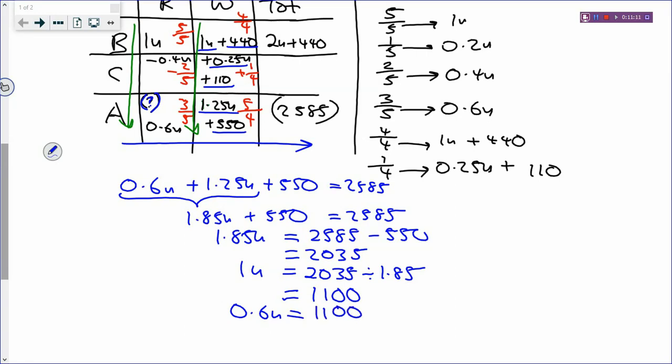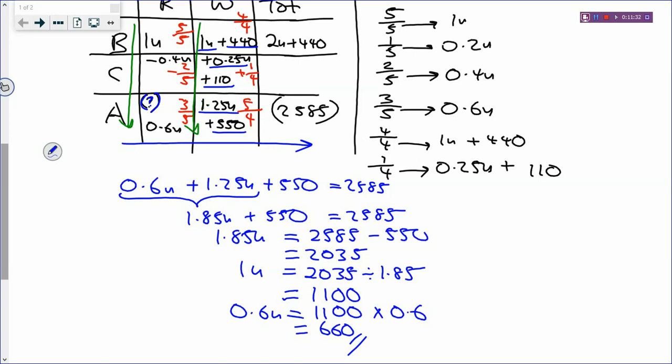To find 1 unit, you always divide. To find how many units, 0.6 unit is how many? You times. So you take 1100 and multiply by 0.6, and you will get 660 rate bits in the end.